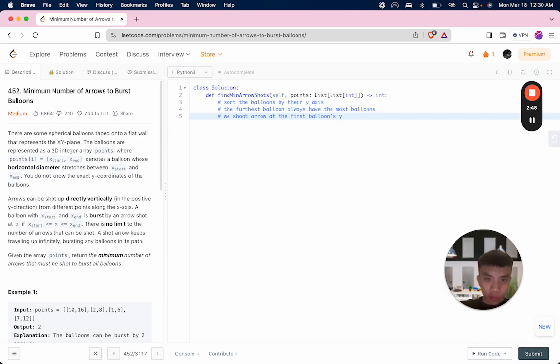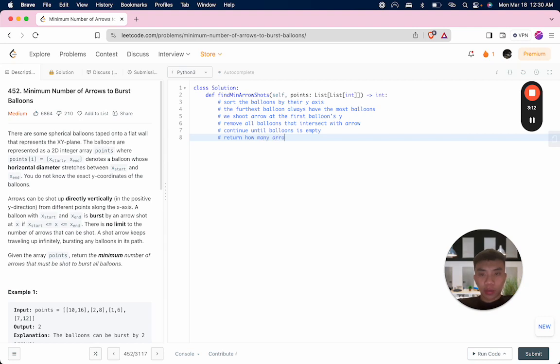We shoot an arrow there, and then we have to pop or remove all balloons that intersect with the arrow. And we will continue until balloons is empty. And then we just return how many arrows we shot.